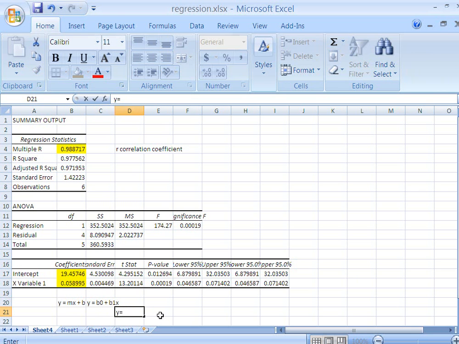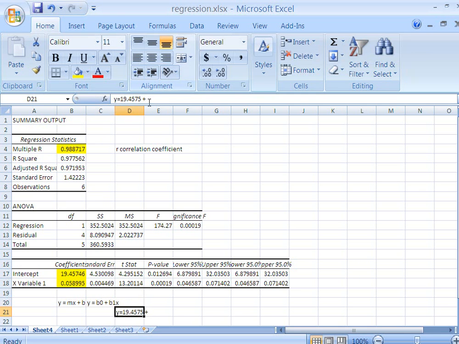So y equals, typically in Course Compass they're going to ask you for that intercept number first. That in this case would be 19 point, and they want 4 decimal places, 4575. Okay, and then you're going to say plus, and then the X variable 1, that is your slope. In other words, if you're using this equation, it's going to be m. If you're using this equation, it's going to be what you fill in for b1.